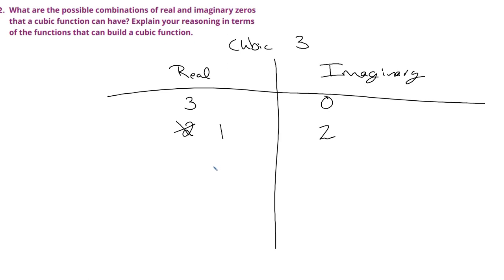Can you have them all imaginary? We looked at it and couldn't see any way to have that. All imaginary sets need to come in pairs. You could have 2, 4, or 6, but if we're dealing with a cubic, those are out.